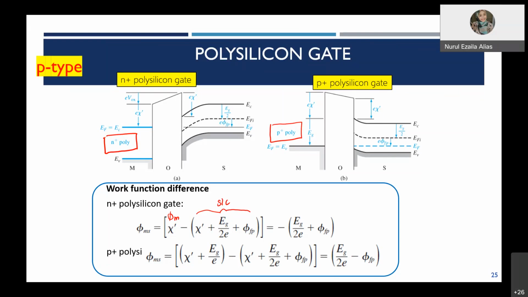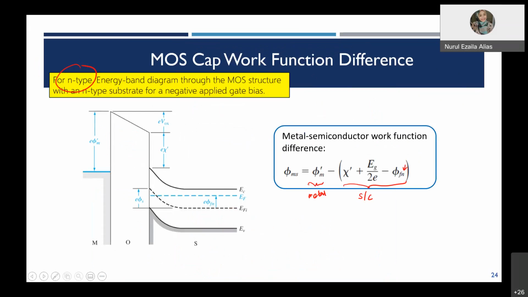Phi ms is equal to this chi plus Eg over 2 minus this portion for semiconductor. This is for metal. Finally, you will get Eg over 2e minus phi fp. So this is phi ms for the N plus polysilicon gate, and phi ms for the P plus polysilicon gate as well.